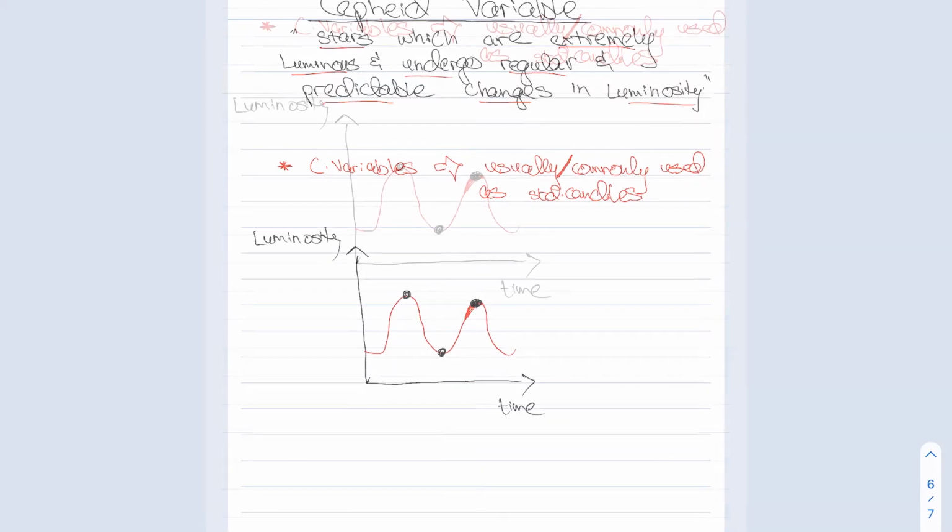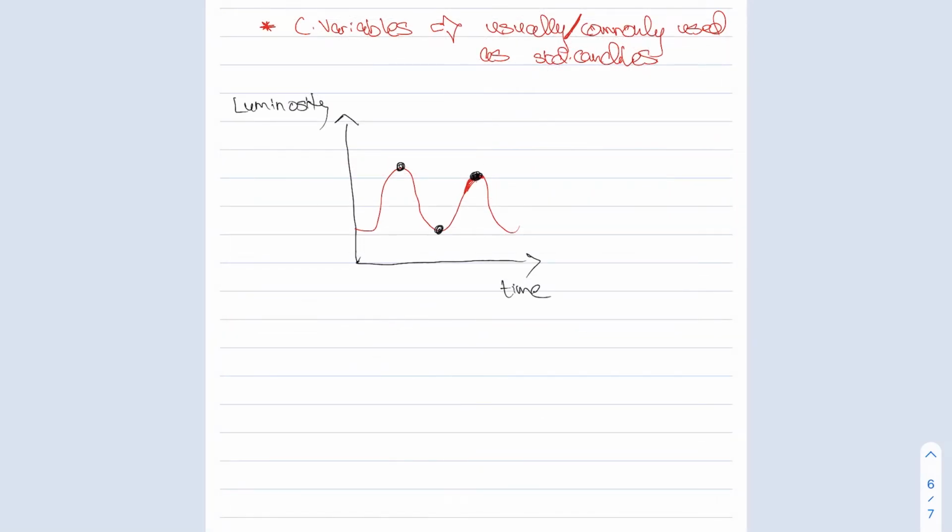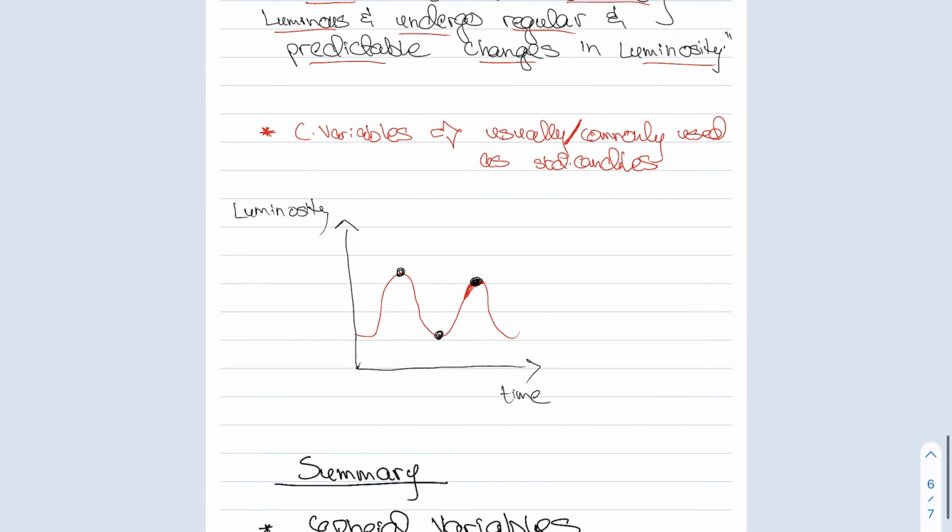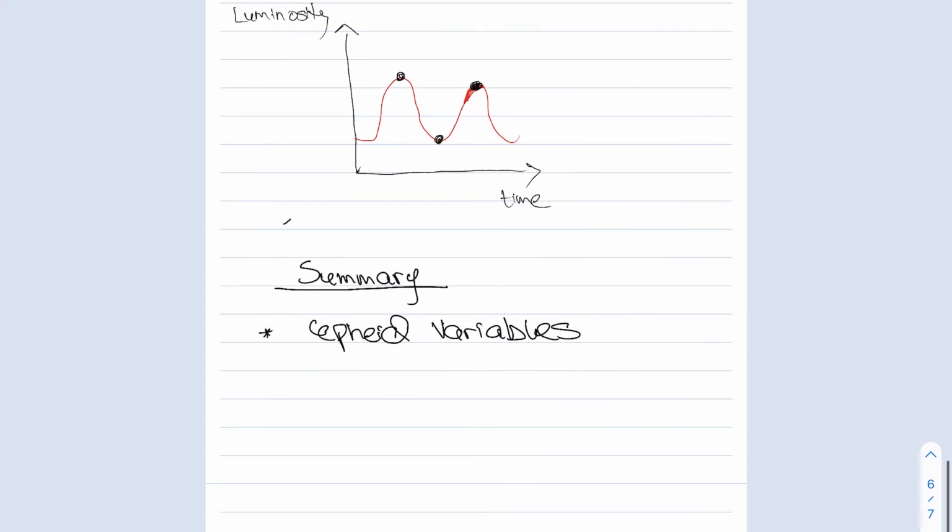Okay, so to summarize what we did today, I'll just write a short summary. Number 1, Cepheid variables. We talked about how they're stars with known changes in their luminosity. This graph indicates just that.